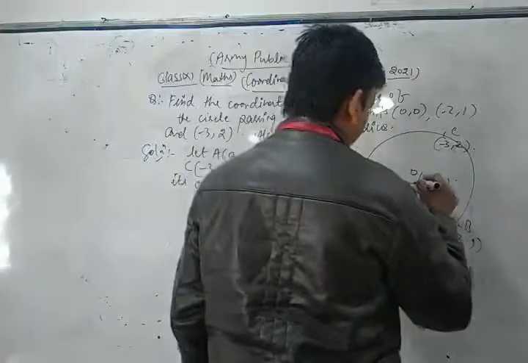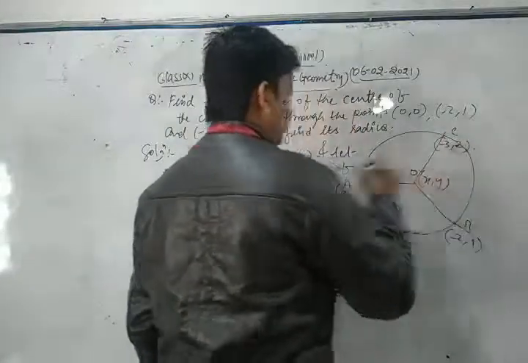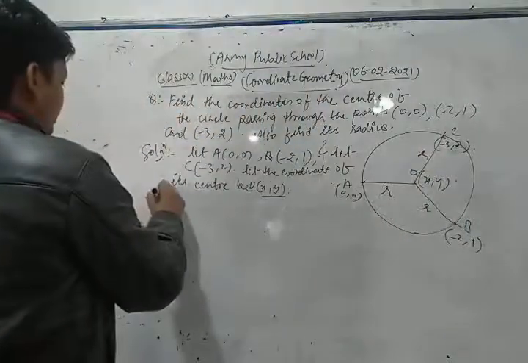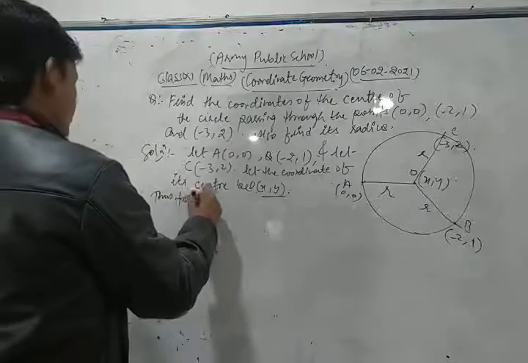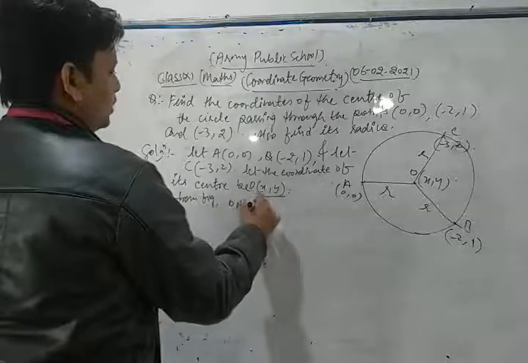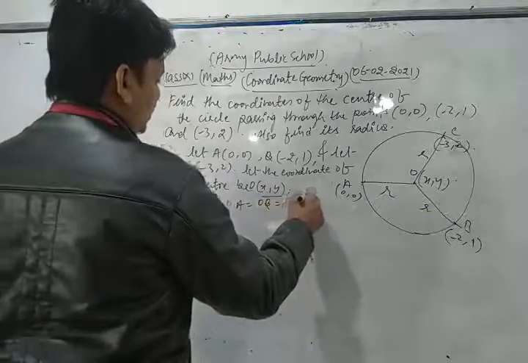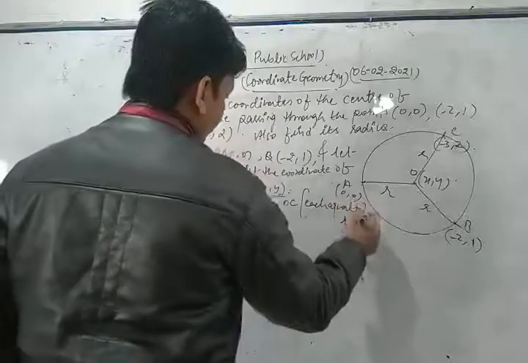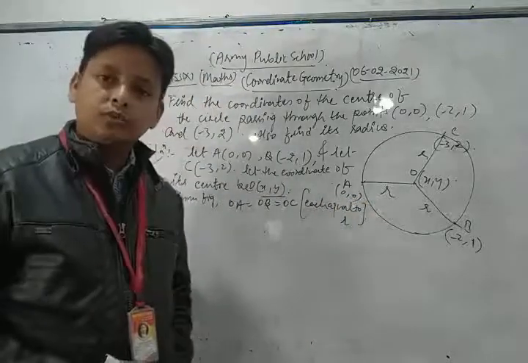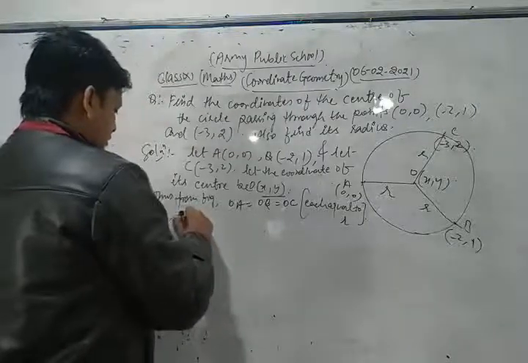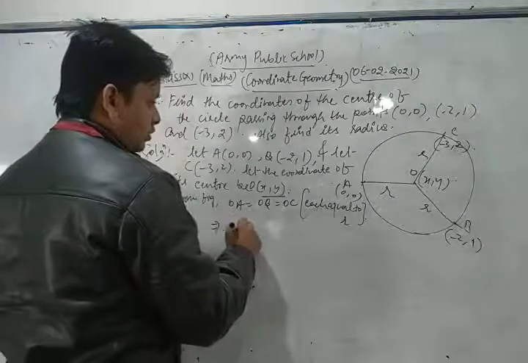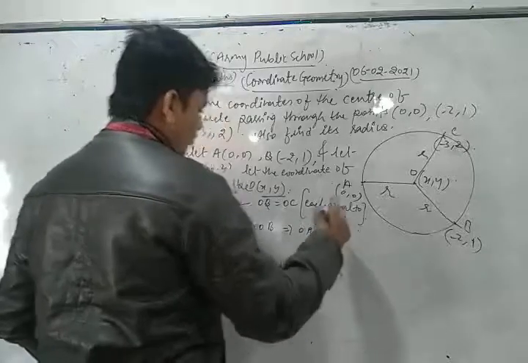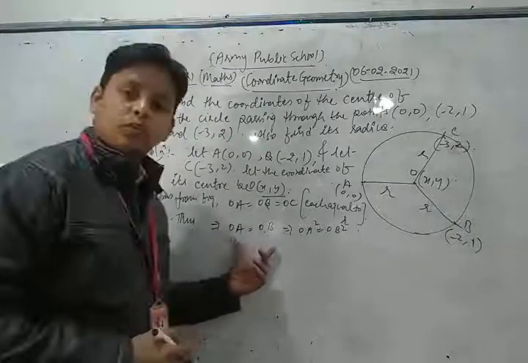Now if we join OA, OB and OC, each is equal to R. Thus, from the figure, distance OA is equal to OB is equal to OC, each equal to radius R. Thus first we take OA equal to OB, that is, we write OA square is equal to OB square.